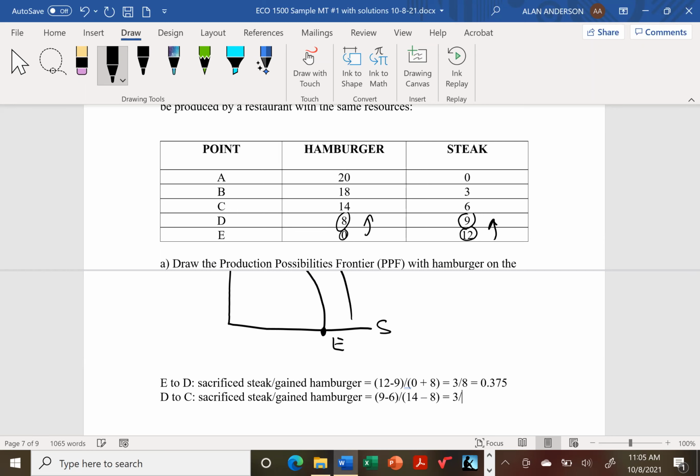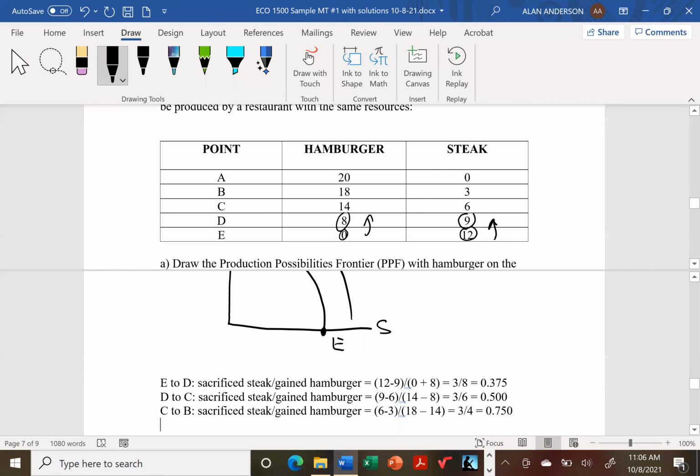So that means we have 3 over 6, which is 0.5. Then we go from C to B with the sacrificed steak: 6 minus 3, over 18 minus 14, which is 3 over 4.